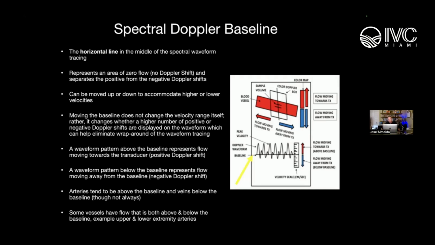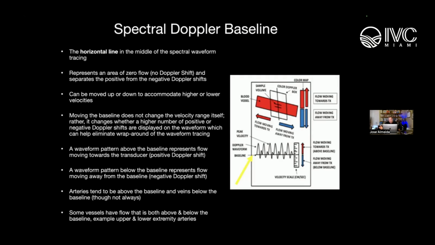And then the real value, at least for veins, so you'd ask the question, well, spectral Doppler and color Doppler, they're kind of giving you the same information. It's just different displays. Really, the only way to detect reflux time is with the spectral Doppler, where you actually see the flow above or below the baseline, and then the time is moving laterally, what you call the sweep speed, right?